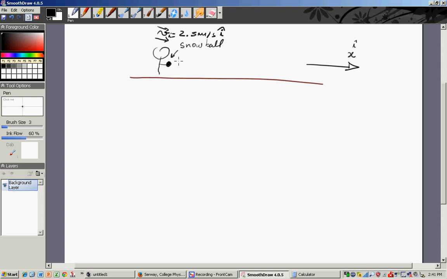Okay, so what happened? There is a phenomenon we call collision or explosion, physically speaking, that now the two are separated.